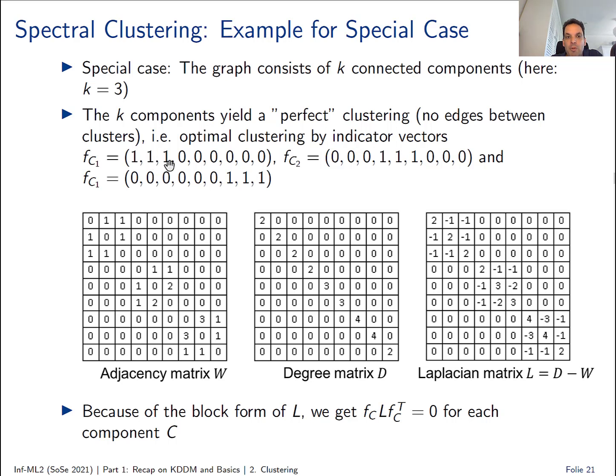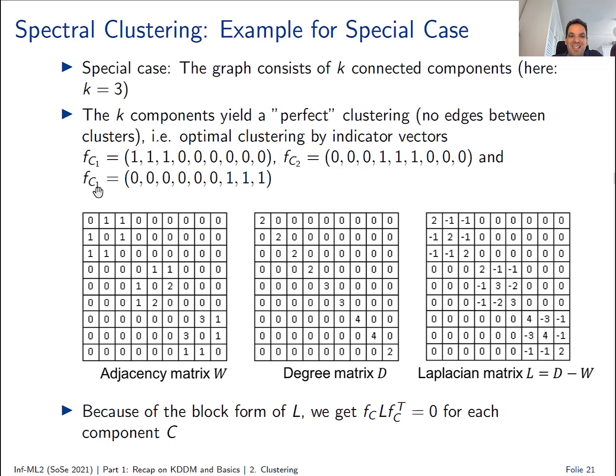So the first 3 nodes or objects are the first connected component, all the others are not. The second three objects are in the second cluster, the second connected component. The first ones and the last ones are not, and then the last three are in the third connected component.